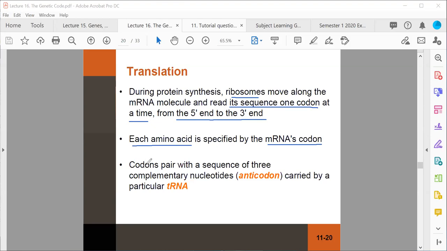We're going to see that each codon within the messenger RNA molecule is going to pair up with a sequence of 3 complementary nucleotides called an anticodon, and that anticodon is carried by a transfer RNA molecule. Let's look at that, hopefully.